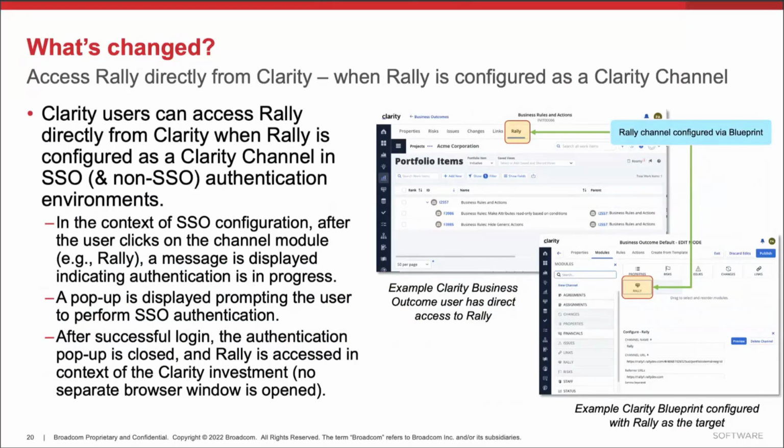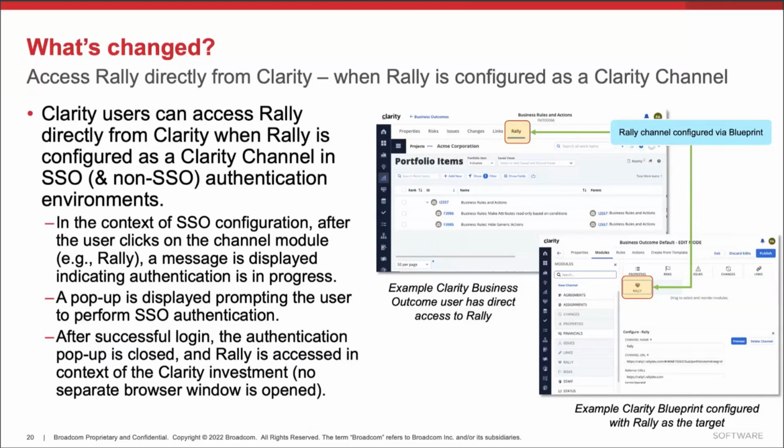Just set up Rally as a channel, and in the context of the SSO configuration, after the user clicks on the module, such as Rally in this example, right there in Clarity, a message is displayed indicating that the authentication process is underway. A pop-up is displayed prompting the user to perform their SSO authentication, in other words, input their credentials.